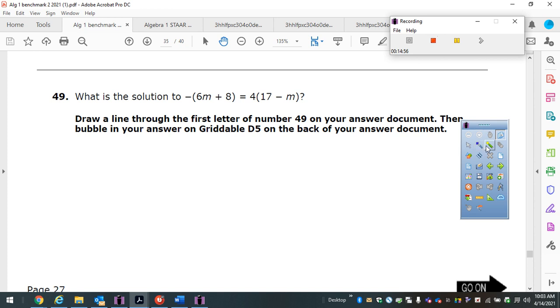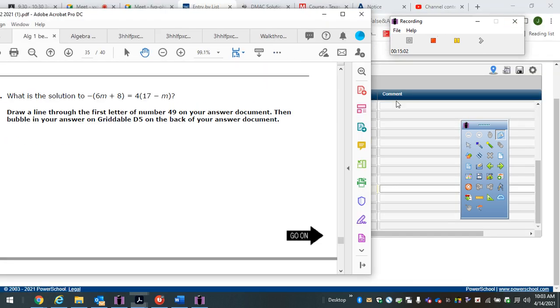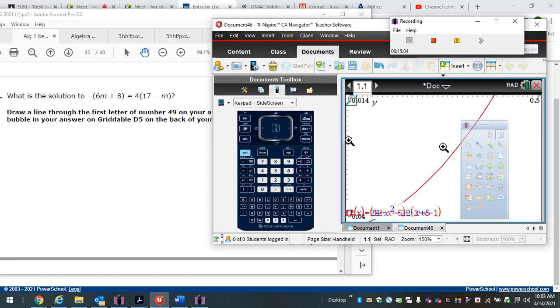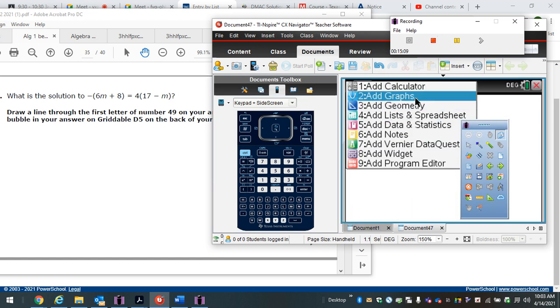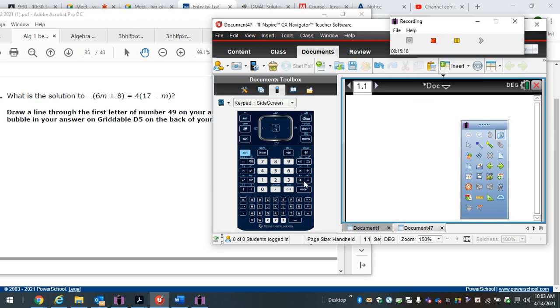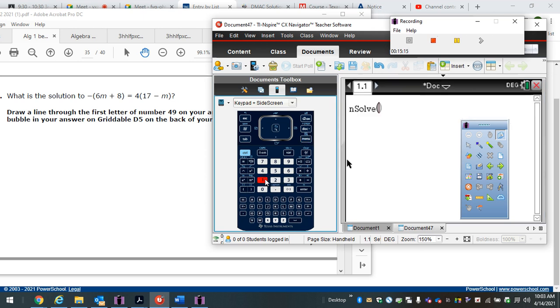Okay. What is the solution? I don't know how to tell you this one. No thinking, guys. No thinking. Menu, 3, 1 is numeric solve. And type that in there. Negative, parentheses, 6m.